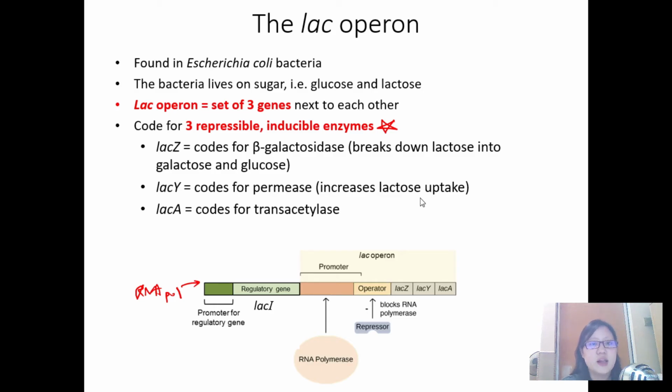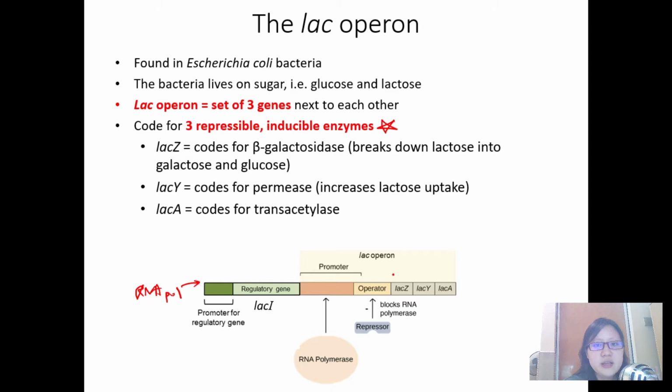Obviously, the lactose will be outside the cell at first, so it needs some sort of transport protein to get in. And lac A codes for transacetylase. Honestly, I've searched online and looked at a few books, and it's not quite clear what the function is exactly, so let's just leave it like that. It just codes for this enzyme called transacetylase.